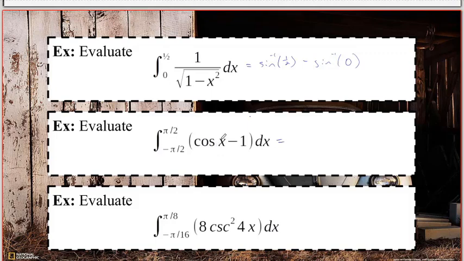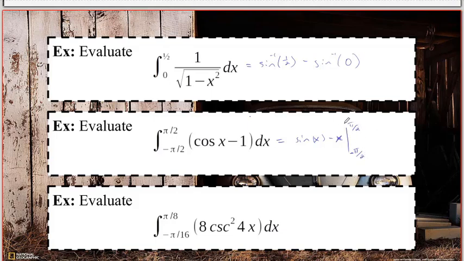Here, let me throw some notation at you. I think we looked at this on day 1, but first let me get the antiderivative. The antiderivative that we're going to use anyway would be this one. And then we're going to evaluate that from negative pi over 2 to pi over 2.